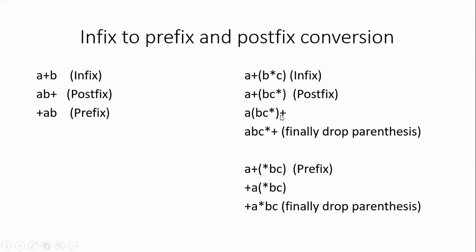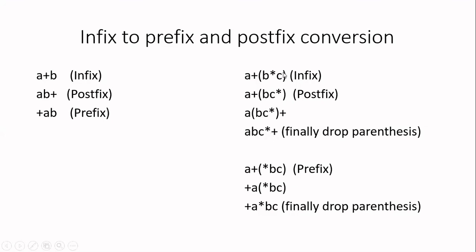And finally, remember, you have to drop all the parentheses, because parentheses you are writing only for your convenience. So finally drop all the parentheses. The reason is, in case of postfix or prefix expression, we never have any parentheses. Just drop them. So you will get the final answer as a bc multiply plus.